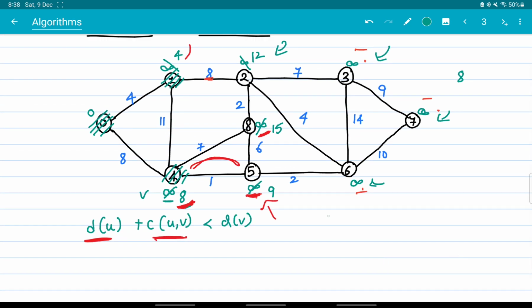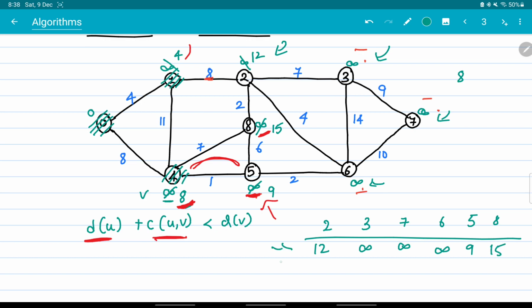Now what are the values of the leftover nodes? 2, 3, 7, 6, 5 and 8. These are our leftover nodes or vertices. And what are the distances? The distance of 2 is 12, of 3 is still infinity, 7 is also still infinity, 6 is infinity, 5's value just got updated to 9 and the value of 8 is 15.